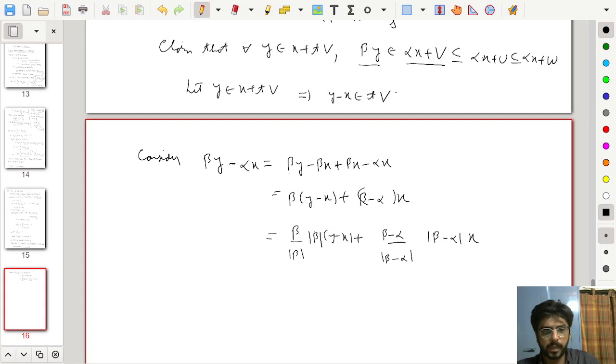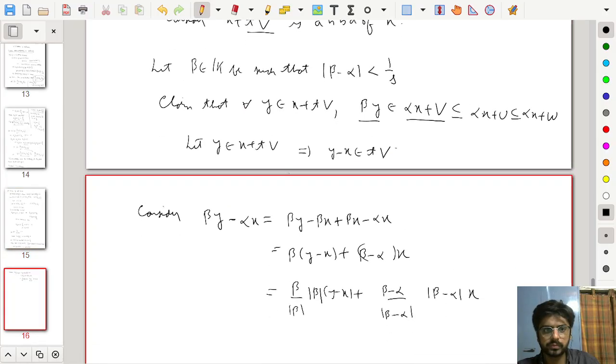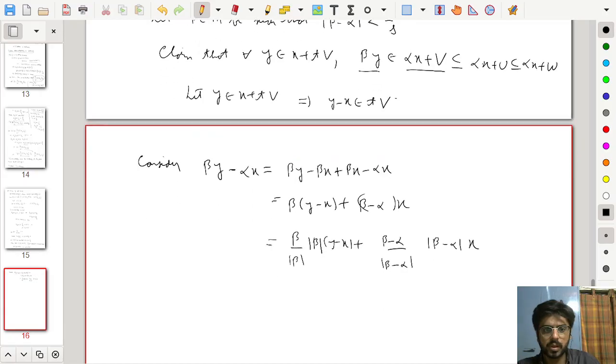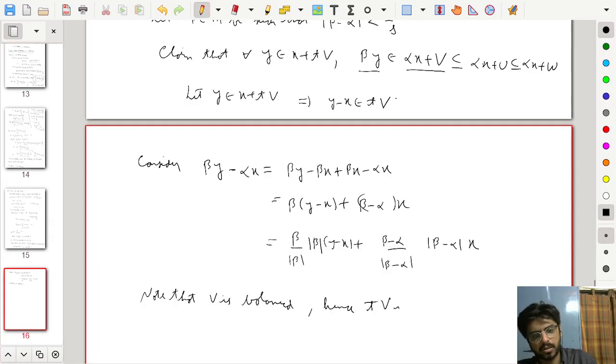Okay, now what? Note that V is balanced, hence t times V is also balanced.